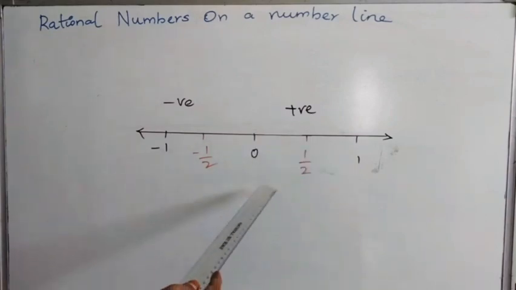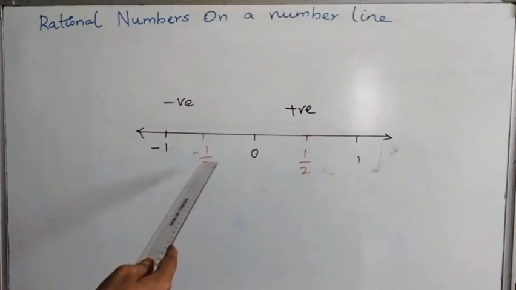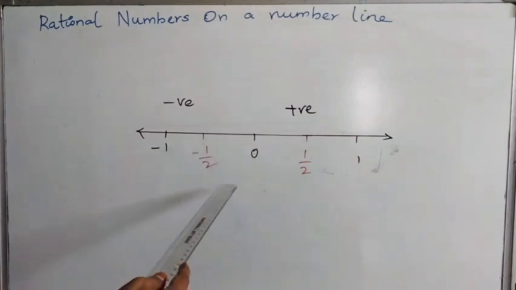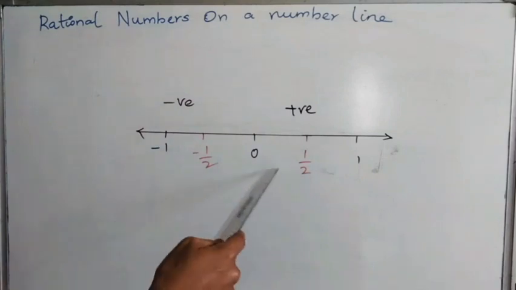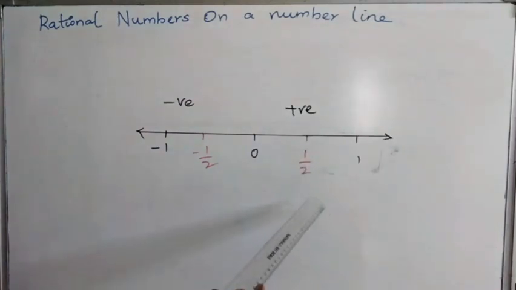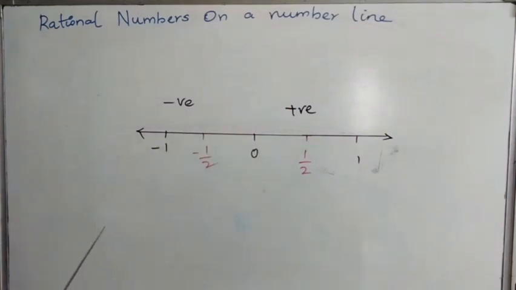In a similar way, the negative, minus 1 by 2, lies to the left of 0. Positive rational numbers come to the right side of 0. Okay? In the same way, negative rational numbers we have to draw on the left side of 0. Clear?